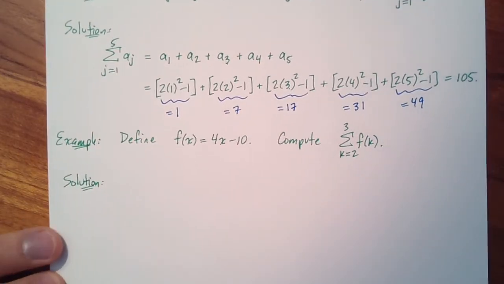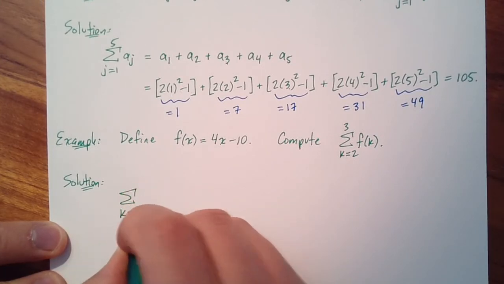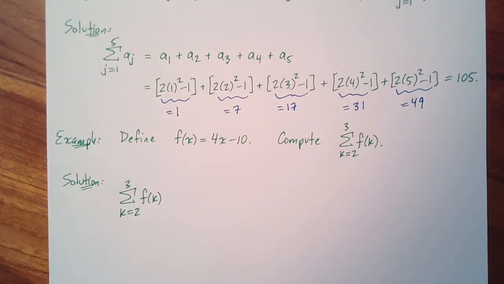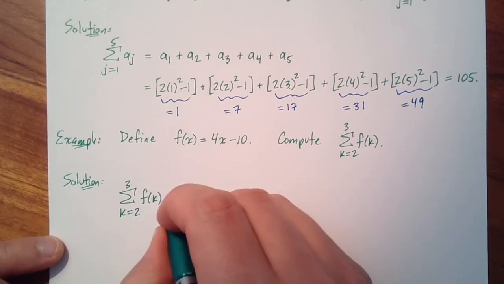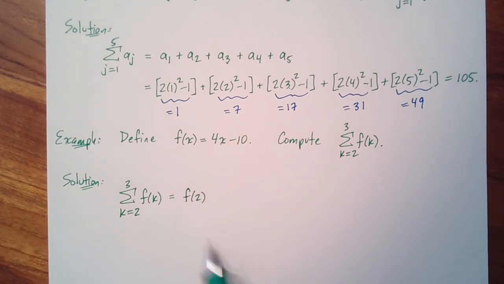What will we get? Well, start by just writing out what we're computing. The sum from k equals 2 to 3 of f of k. Well, start with your initial value of your index, which is k equals 2. Plug it into this expression. What do you get? Well, you'll get f of 2. If I plug in k equals 2 to f of k, I'm going to get f of 2. So that's your first term.